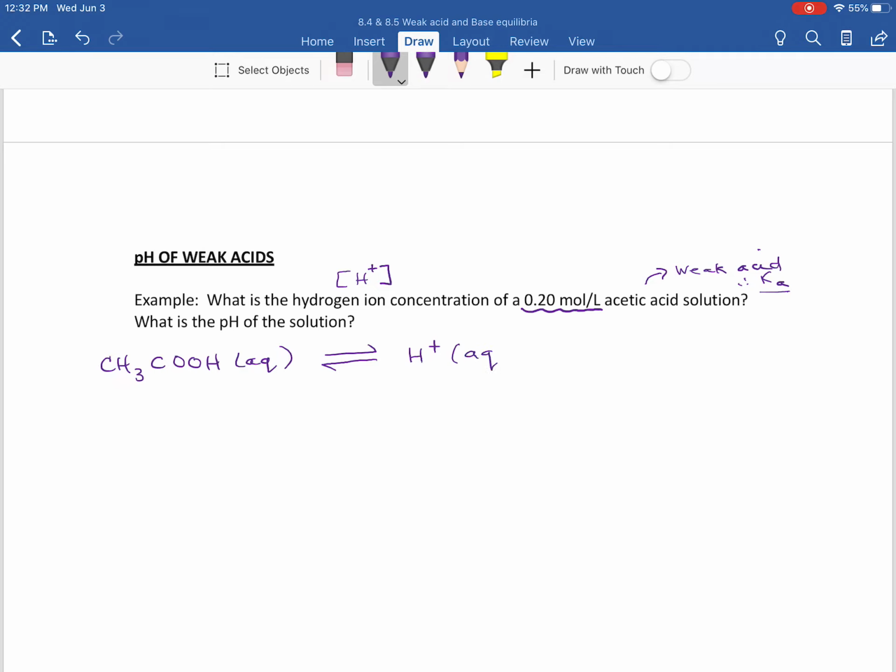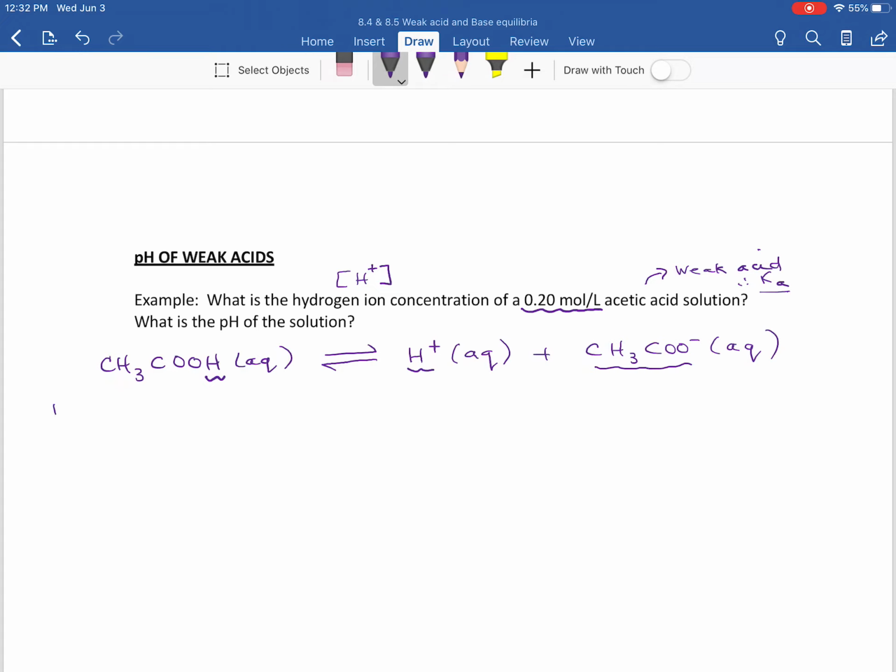So we separate my acid into the two ions. Okay, and as long as you see that this is an acid, this hydrogen was dissociated, it became this proton, leaving behind this acetate ion. Okay, so let's do our ice table.